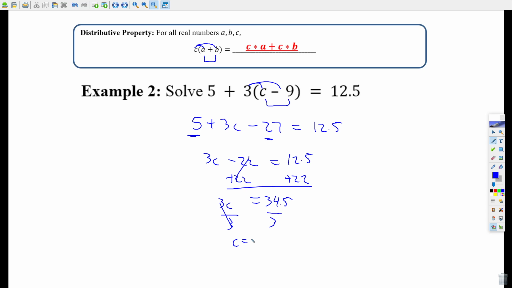So we just divide them. What do we get? Should be 11.5. There we go, we solved one. Hopefully that was easy, not too difficult for you to distribute. We did this a little bit on the first or second day of school. And it's okay to get decimals.